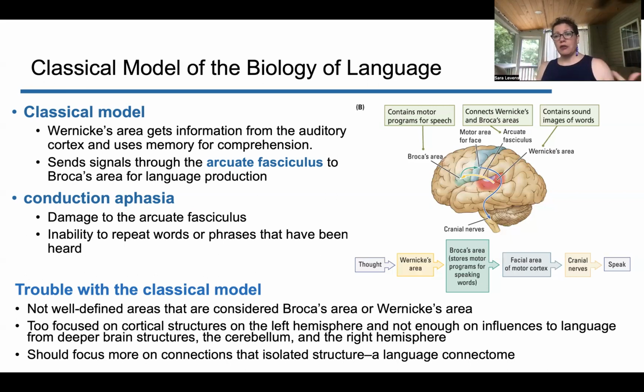So if you have a language connectome of the structures that are involved, then potentially the patterns across these connectomes will do the same type of thing and contribute to more advanced representations of language, because there's so much behind what we say. Sometimes we're very deliberate with our words and there's a whole lot of thought behind them. That's a complexity that the classical model doesn't really account for.